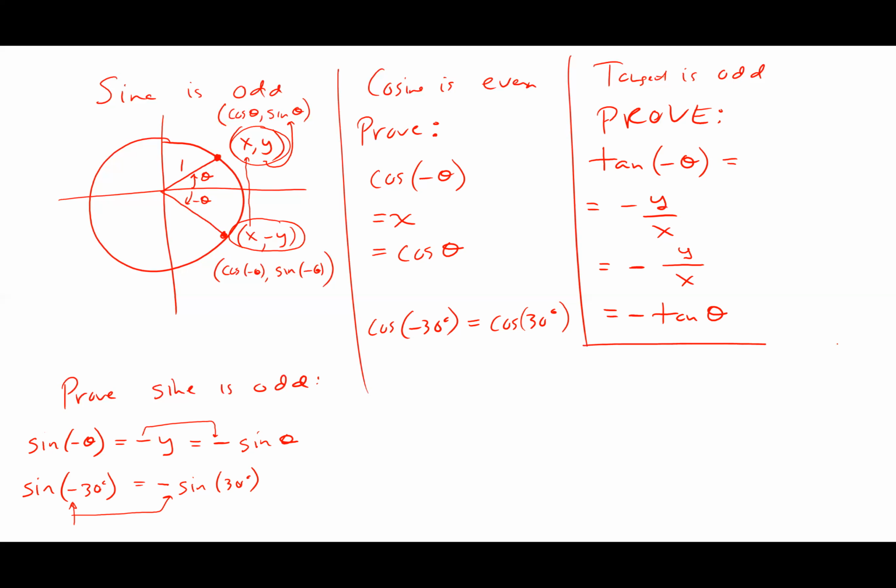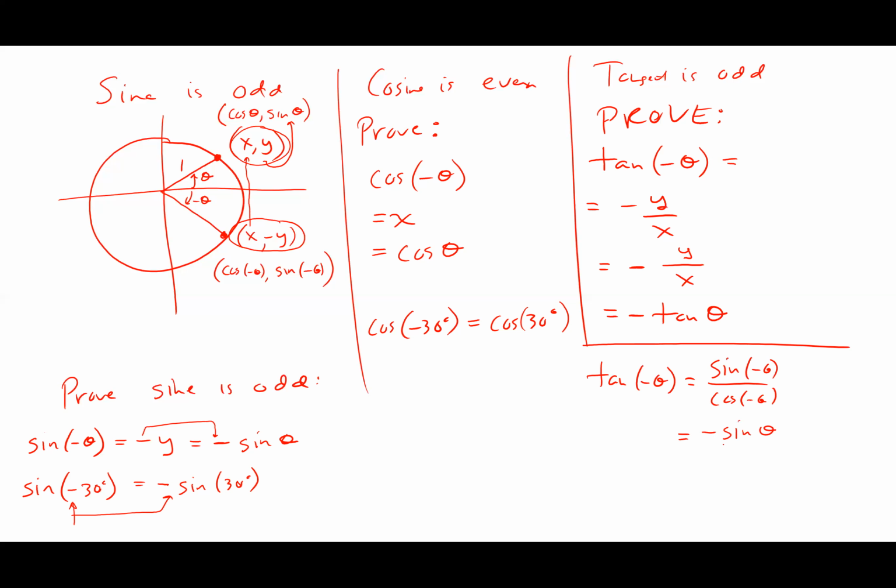Another way to prove it is, instead of going all the way back to the x and y's, don't we understand that tangent is actually sine over cosine? So can I do this right here? Sine of negative theta over cosine of negative theta. And I just figured that out already, didn't I?